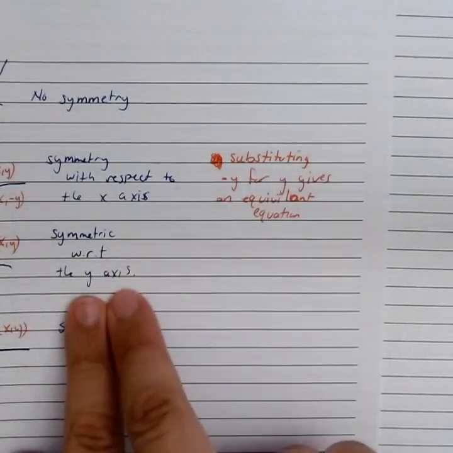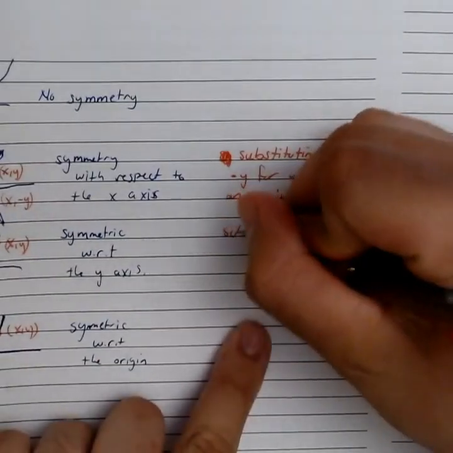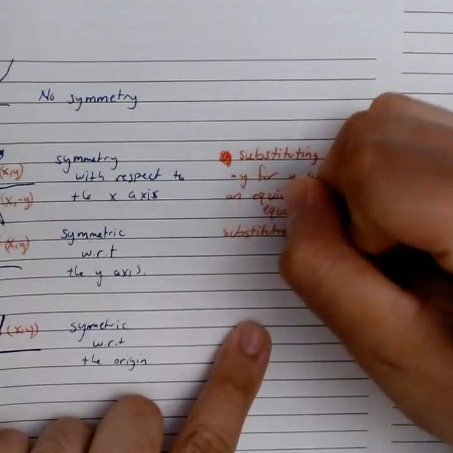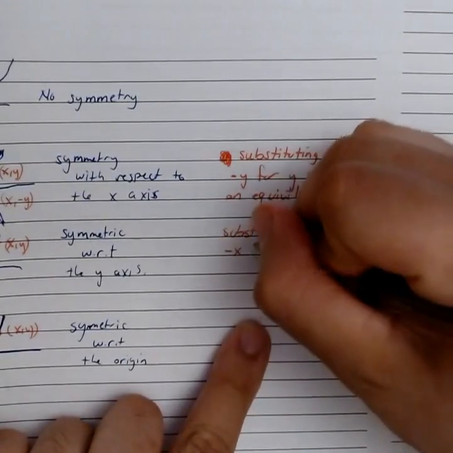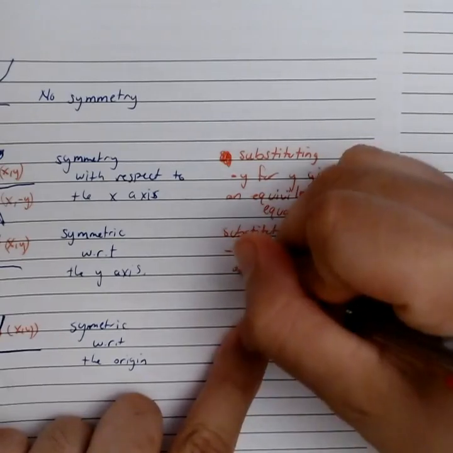For symmetry with respect to the y-axis, we have something similar except with the x variable. Substituting minus x for x gives an equivalent equation.